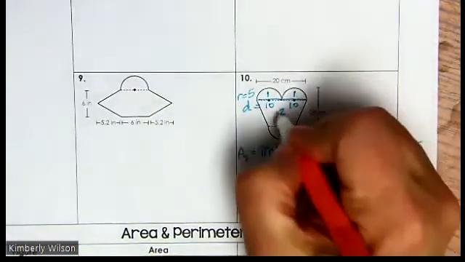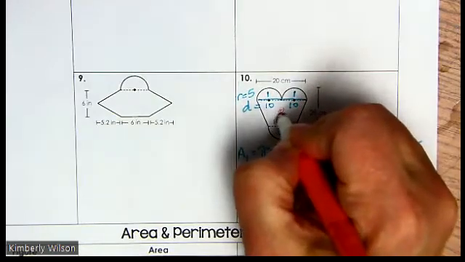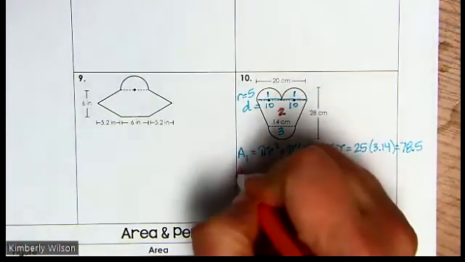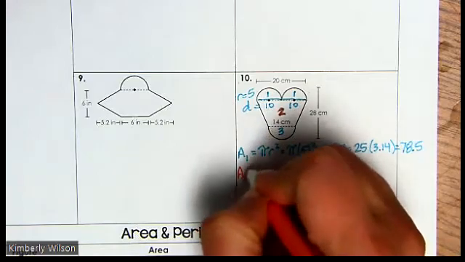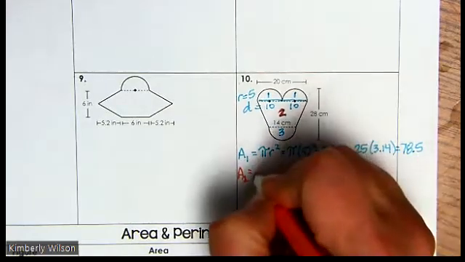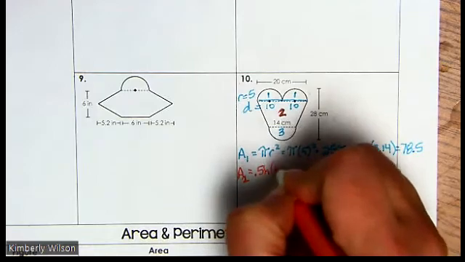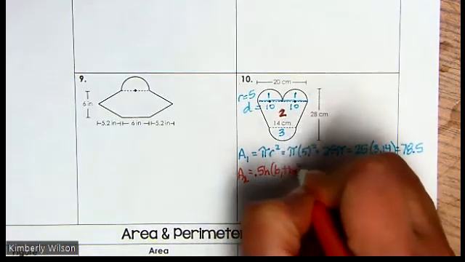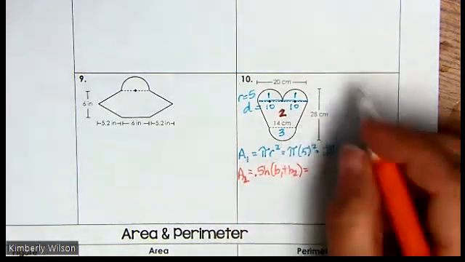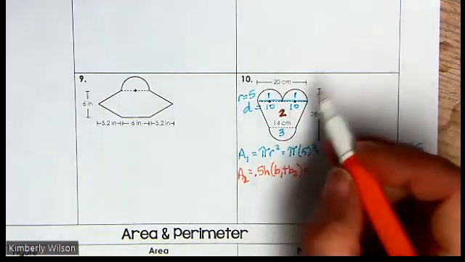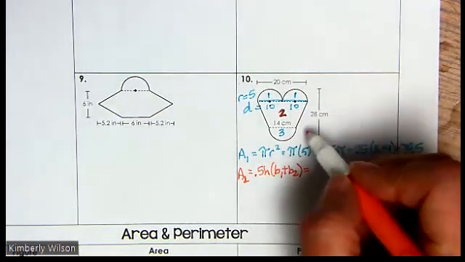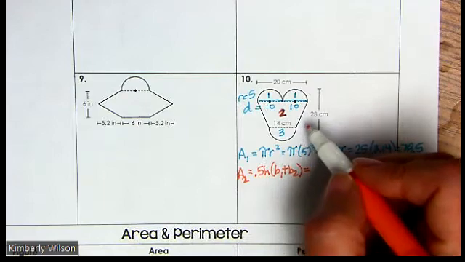Now we have the second shape, which is the trapezoid, which is 0.5 times the height times B1 plus B2. And we plug in our dimensions. So we've got to figure out what the height is.